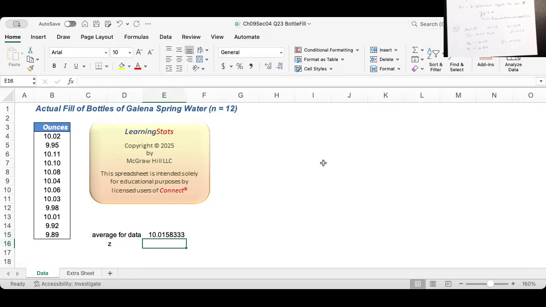To do the Z, I take this number and do what? My formula for Z. Wait, hang on. Subtract the expected. What was our expected? Minus 10.